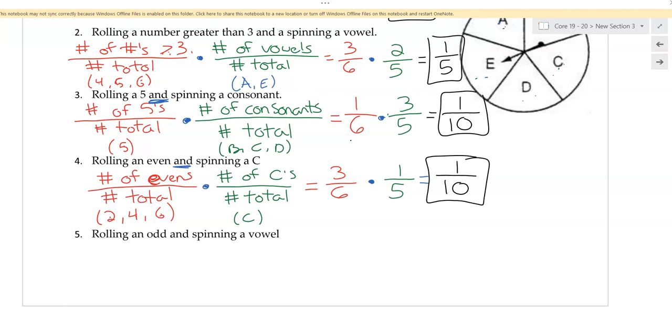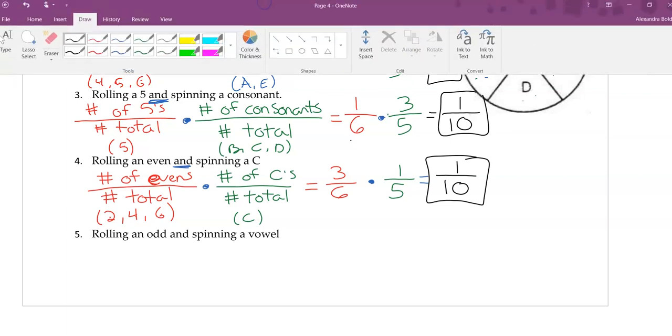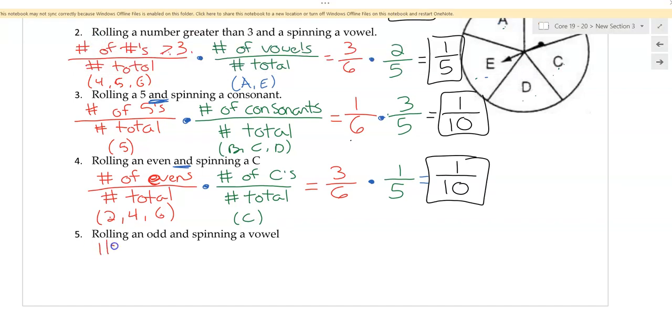Next, we have rolling an odd and spinning a vowel. So the number of odds over the number total. If you look at your paper, 1, 3, and 5 are my odd numbers there.